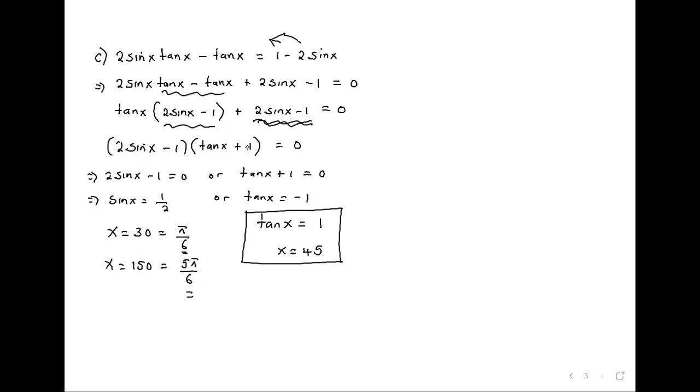So when tan x is positive 1, we know the angle there is 45. But our tan is negative, so it means it's in the second quadrant. In the second quadrant, 45 is actually 180 minus 45, so we get 135 degrees. We convert this to radians by multiplying by pi over 180. Which numbers to use?